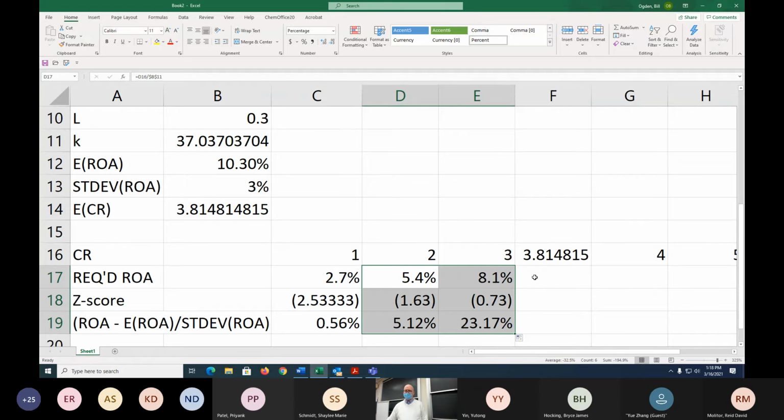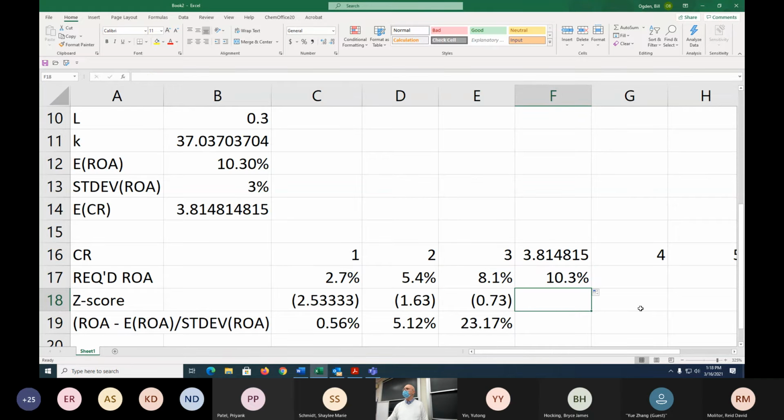What will this one be? The expected, no doubt about it. What will this one be? It'll be 0. I knew it all the way. Okay, who wants to do the next one for me? What'll I get here?